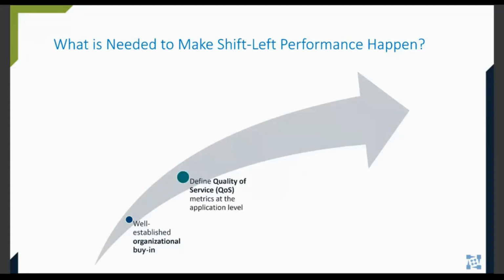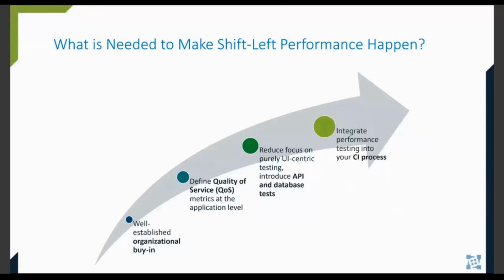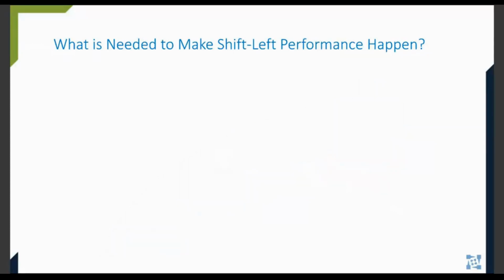We recommend defining quality of service agreements at the component levels of your application, and I'll go into why this is in a moment. And then we suggest shifting focus from UI testing to API testing. And the last step, once you've achieved those other steps, is making performance testing part of your CI/CD pipeline.